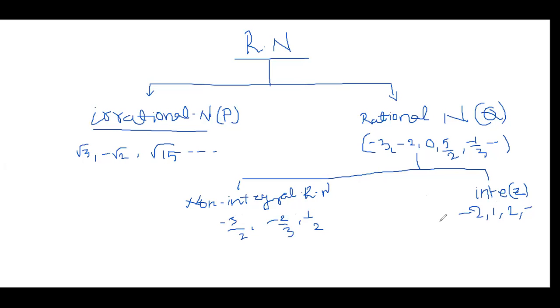Now again, these integers are of two types. These integers I can write. Have you copied? Shall I move to the next paper? Yes, sir. Good. Again, these integers, capital Z, are divided into two types.